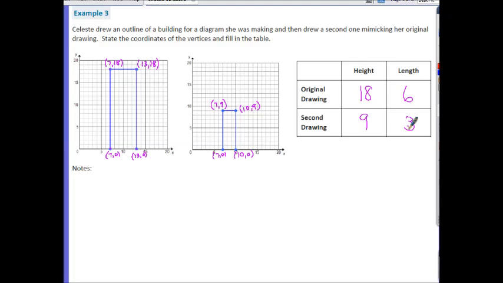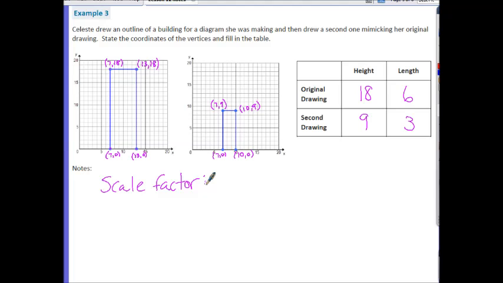So what if we want to know what is the scale factor that she has created here? So when we are trying to figure out the scale factor, what we're going to do is we're going to kind of take the same idea as unit rate, because scale factor actually is unit rate.